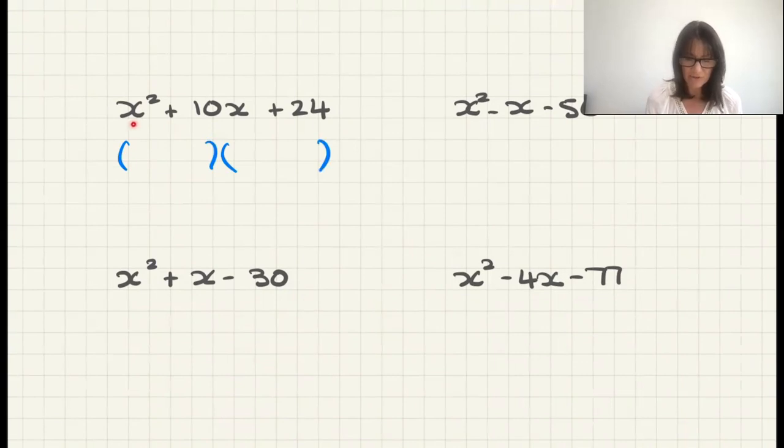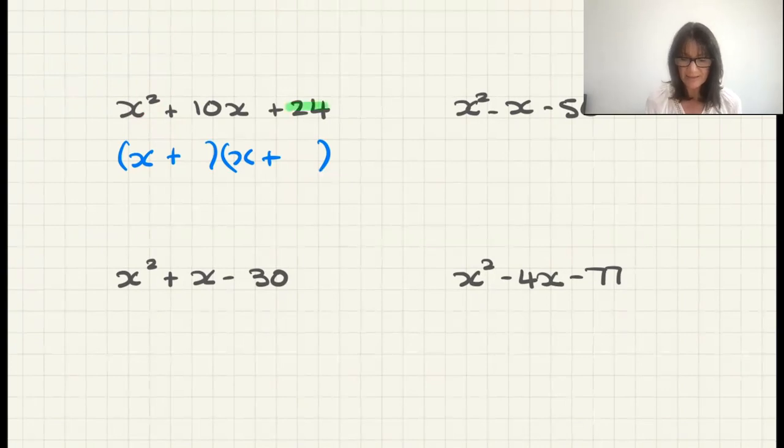This term just drops down into the beginning of each bracket. So I've got x squared, so I've put one of the x's here and one of the x's here. I then do the signs. I've got pos, pos. So I've got pos, pos. All I've got left to do now is work out the numbers that have to go here.